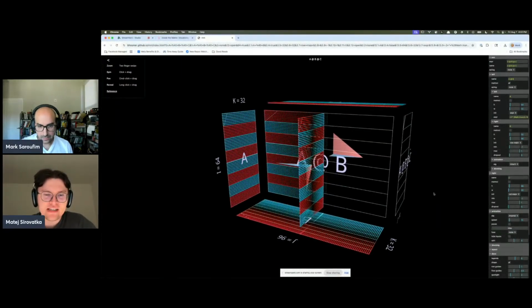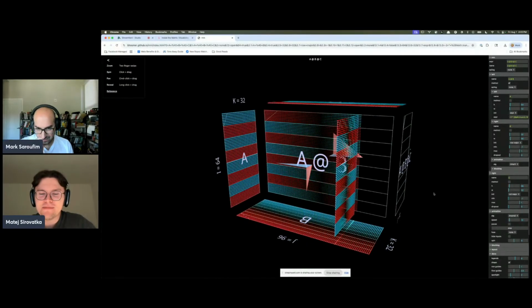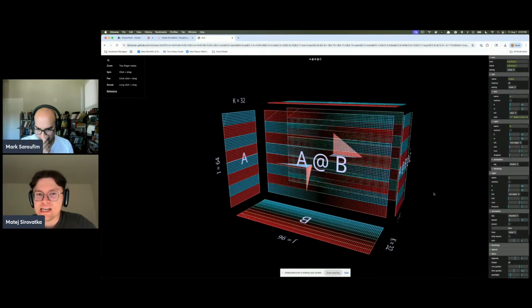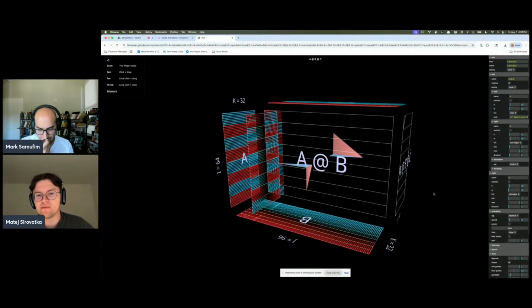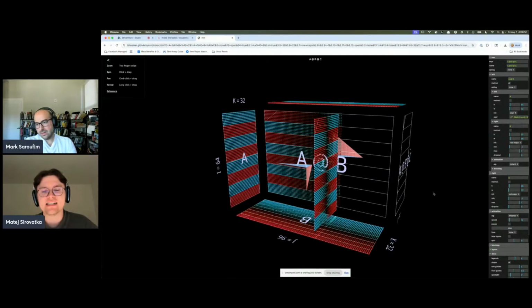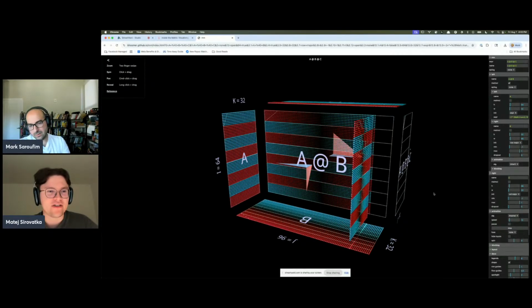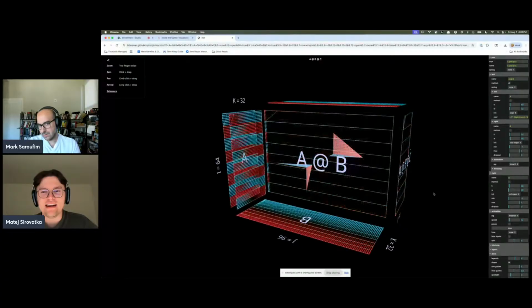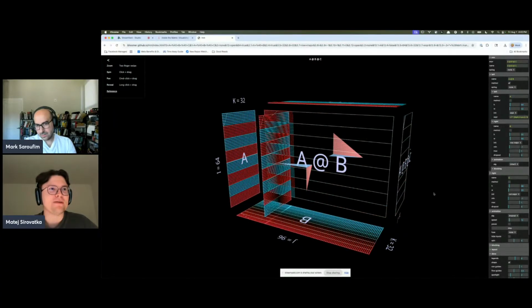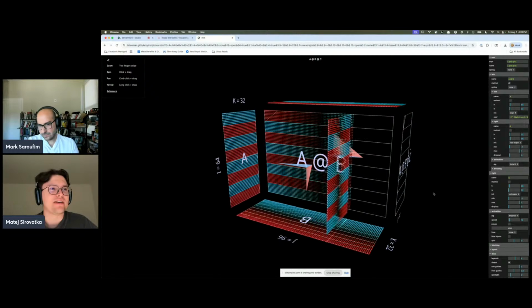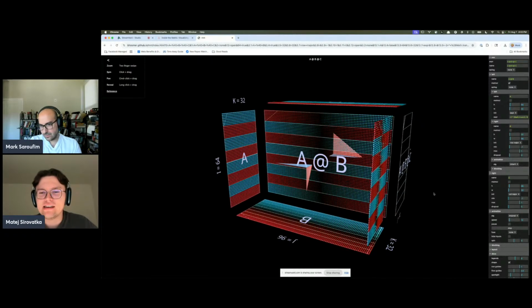But imagine if you were doing it the other way with B, the matrix that you had to keep in memory would be 96 by 32, which is larger. In this case it doesn't matter, but imagine it was so large that you couldn't fit it in your GPU memory.